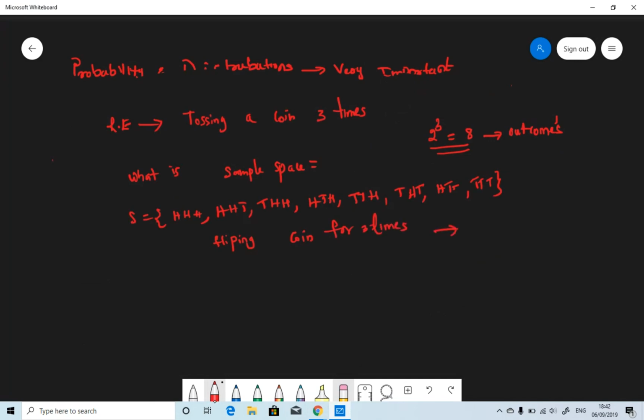Now my question is, what is the probability? Let us assume that X is my random variable. What is the probability that you will get all heads? How many are all heads?